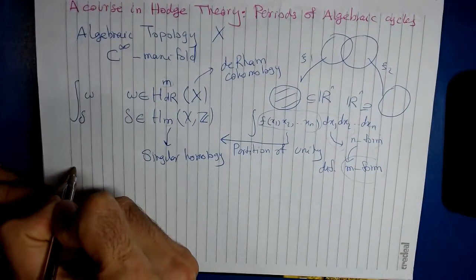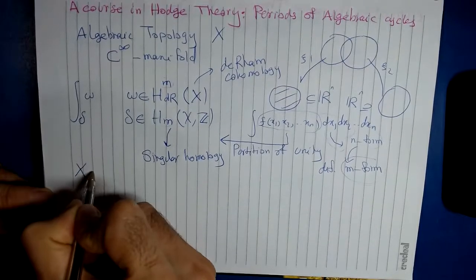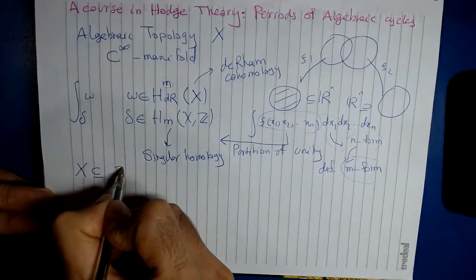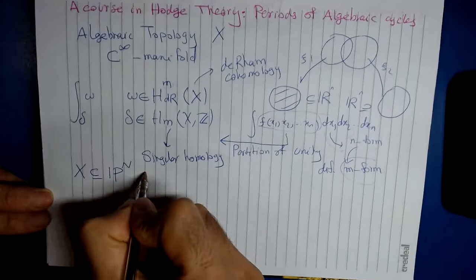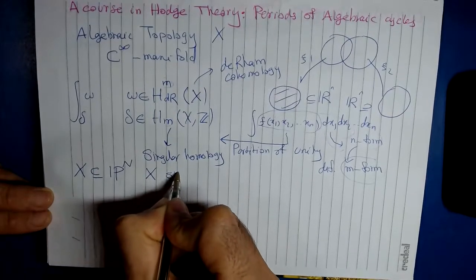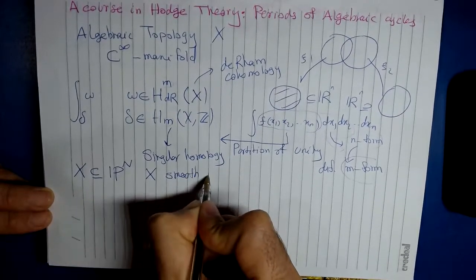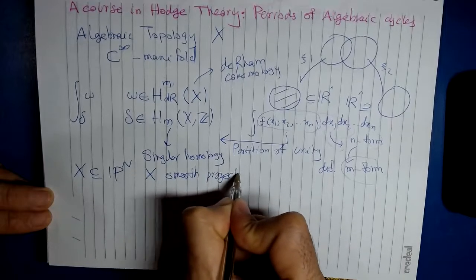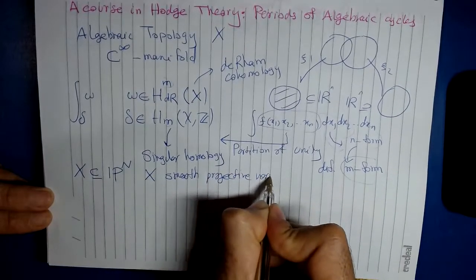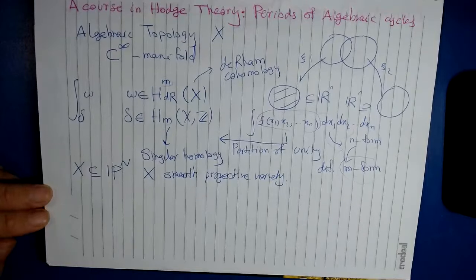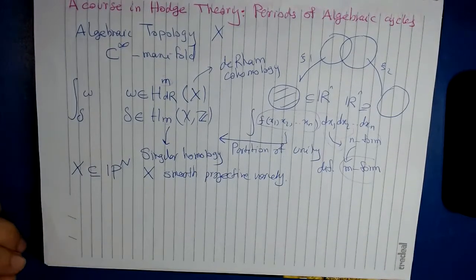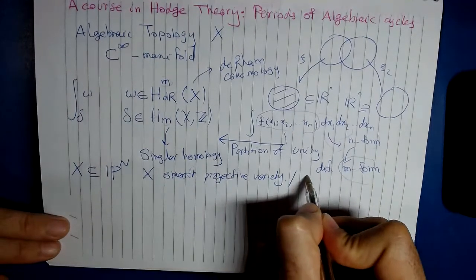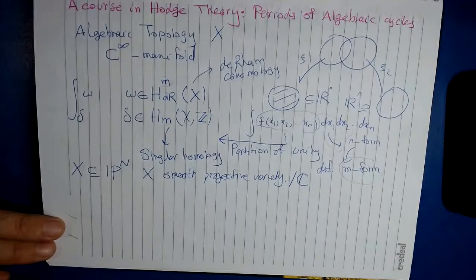But we want to apply all this machinery to a projective variety, and actually X is a smooth projective variety. And everything will be over the complex numbers.